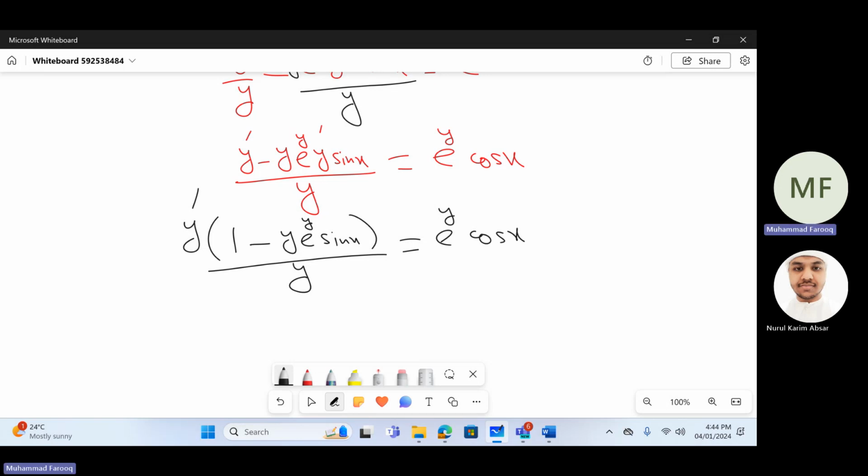Now we do cross multiplication. No, sorry, not cross multiplication. Actually, I don't need this one, because I need only y prime. So you can multiply both sides by the reciprocal of this one.